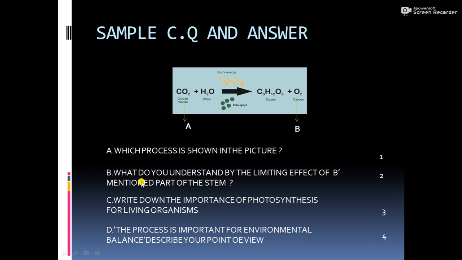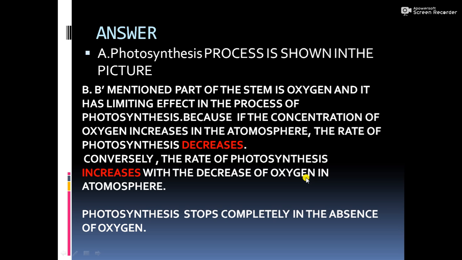Now question B. What do you understand by the limiting effect of the B mentioned part of the stem? So this is the stem and the B mentioned part is oxygen. So you have to write the limiting effect of oxygen. So the answer is there. The B mentioned part of the stem is oxygen and it has a limiting effect in the process of photosynthesis.